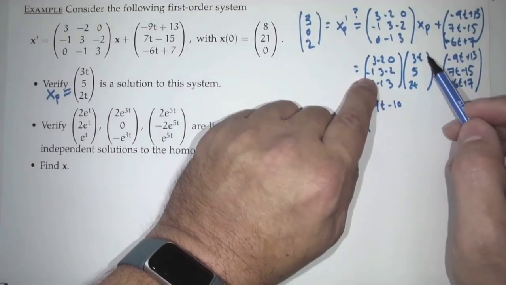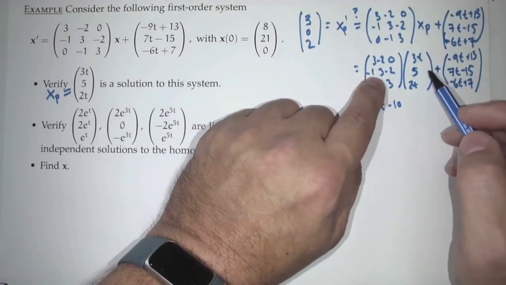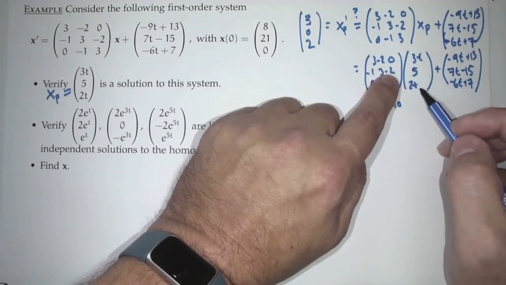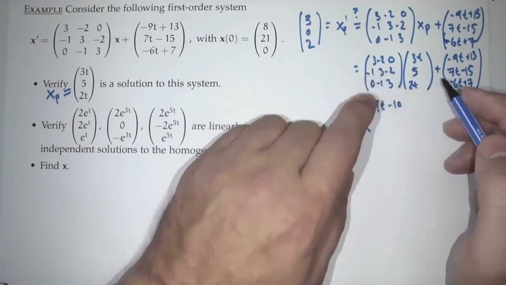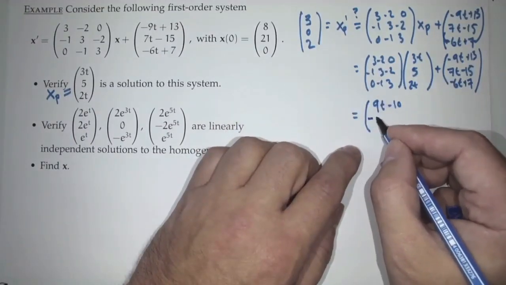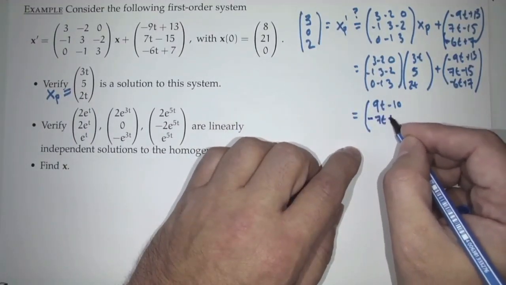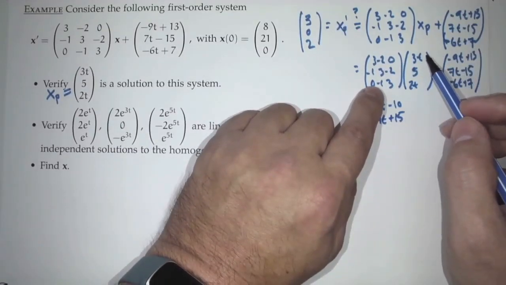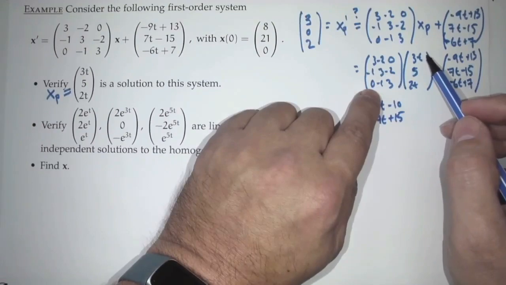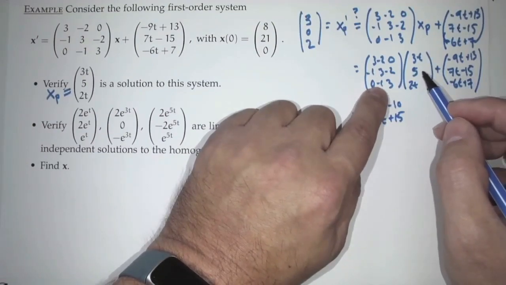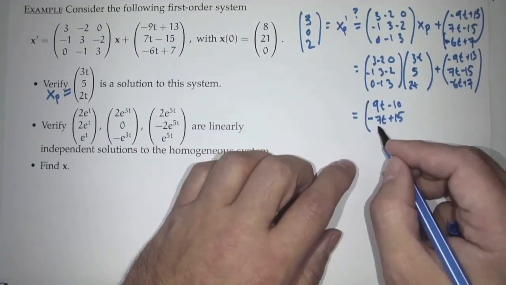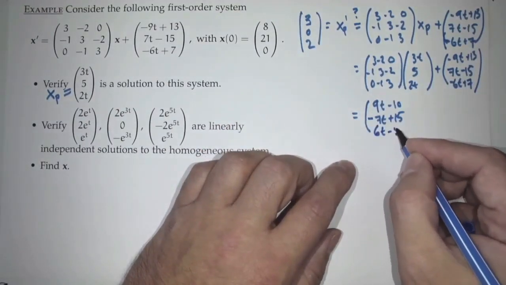Minus 1 times 3t, minus 3t. 3 times 5, 15. Minus 2 times 2t, minus 4t. Put it all together, we get minus 7t plus 15. Last entry. 0 times 3t, 0. Minus 1 times 5, negative 5. 3 times 2t, 6t. So we have 6t minus 5 in the last entry.